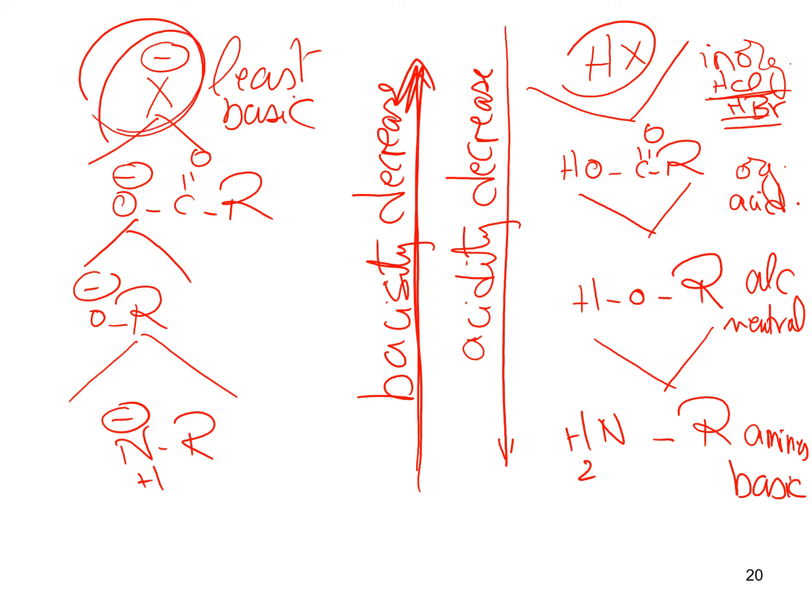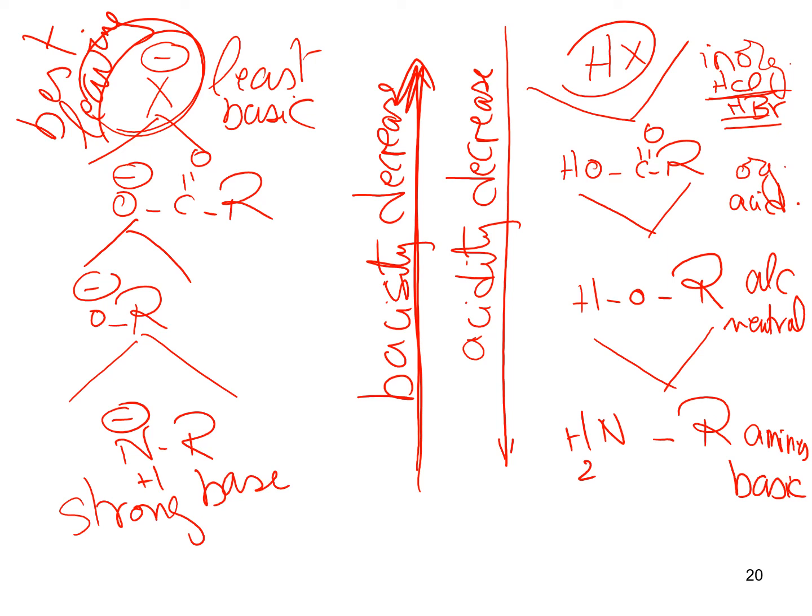So these are the best leaving groups, as we mentioned. Weak bases are the best leaving groups, while these are the strong bases, so these are the worst leaving groups.